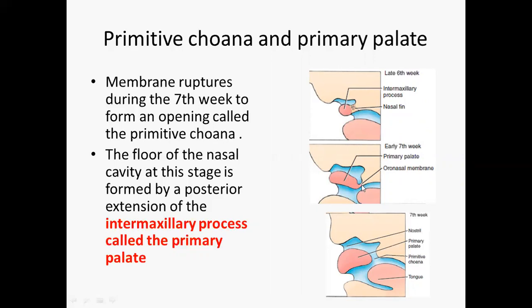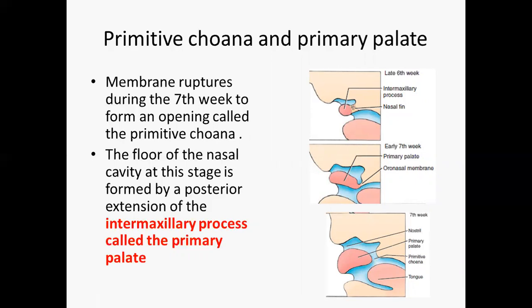Now finally, this is the oronasal membrane, which was formed by the thinning of the nasal fin. Finally it will rupture, and thus it will lead to a connection of the nasal cavity with the primitive oral cavity. This aperture which is formed is known as the primitive choana or the primitive nasal aperture.